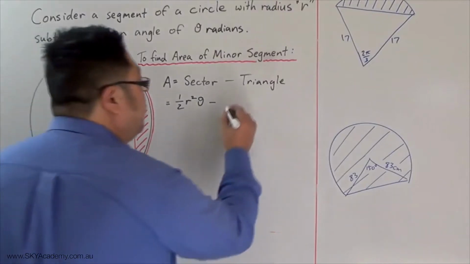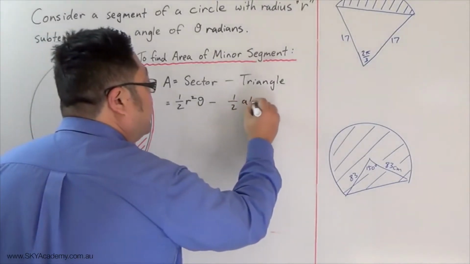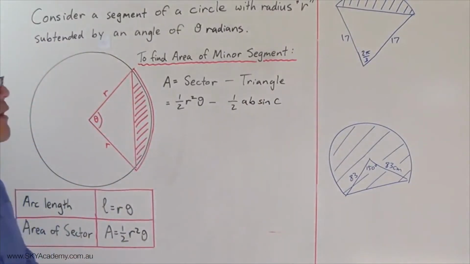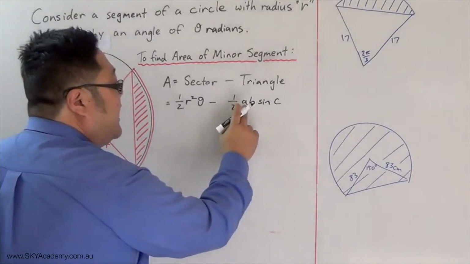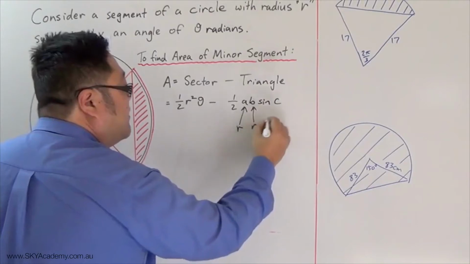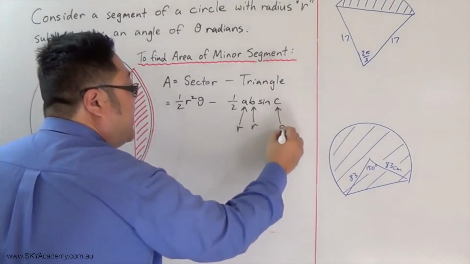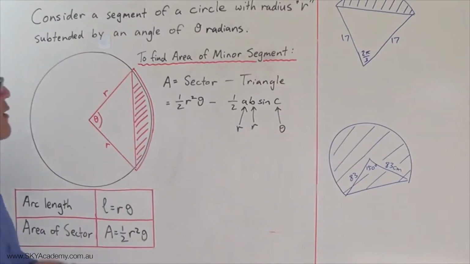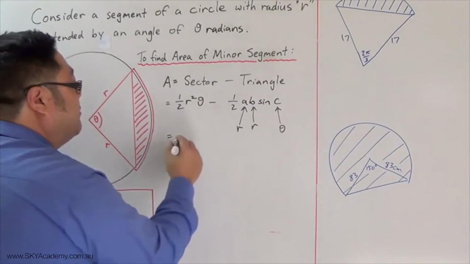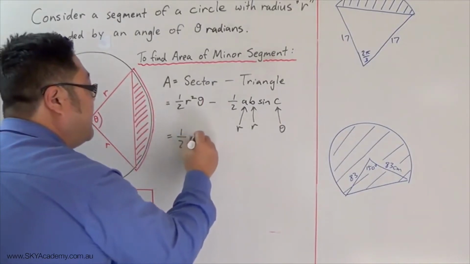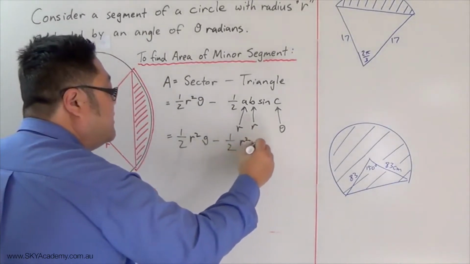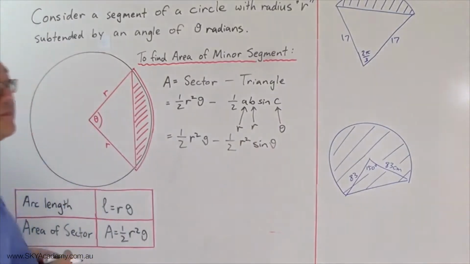So it's half AB sine C. Now, A and B, in this case, are going to be r and r, and C is going to be your angle theta. So basically the area of the segment will be a half r squared theta minus a half r squared sine theta. Got it?